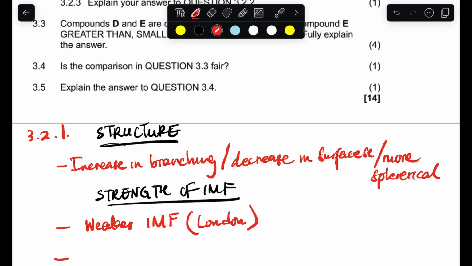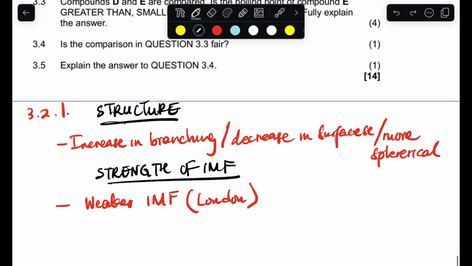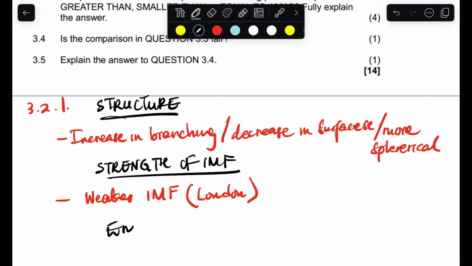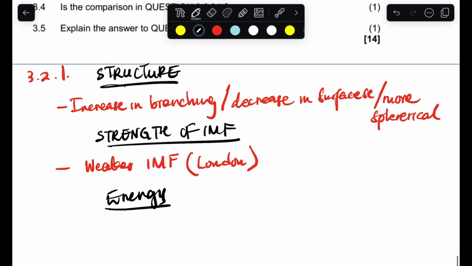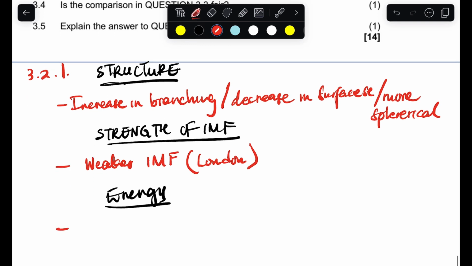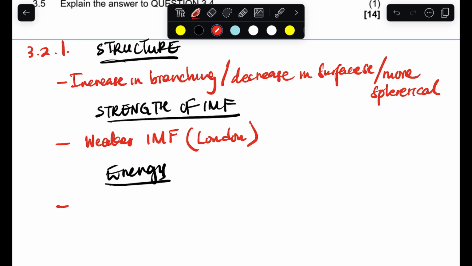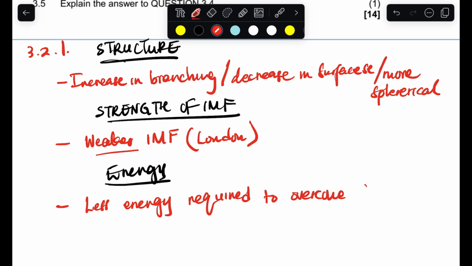Now the third step here, you're going to talk about the energy. When you compare such things, guys, this is how you compare. Look at my other videos, right? From A to C, they have a weaker intermolecular force, so that means they need less energy required to overcome the intermolecular force.